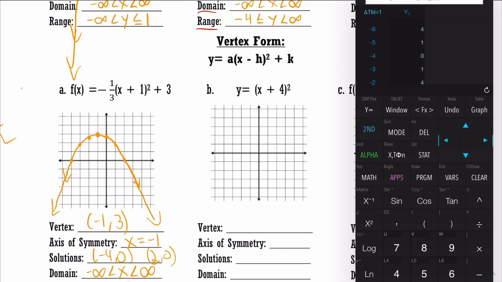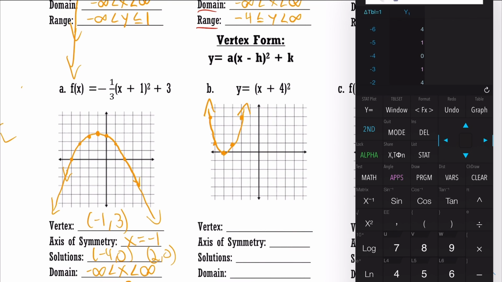If I go to that -6, then it gives me the +4 for y, and if I look at the -2 for x, it gives me the +4 for y. So those numbers are repeating, which means that right in the middle of those numbers is going to be the center, which is at -4. Once you find that center, you start graphing to the left and to the right of that vertex, and then it should be pretty easy to get the picture.